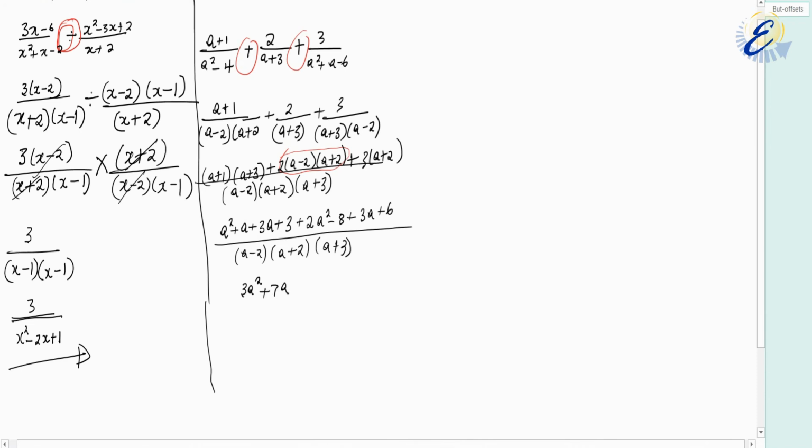Then this and this is 9 minus 8, it will give you plus 1, all over a, the difference of two squares. You can write it like this if you want: a squared minus 4 all over a plus 3. You cannot simplify further here. Once you reach this stage, you stop.